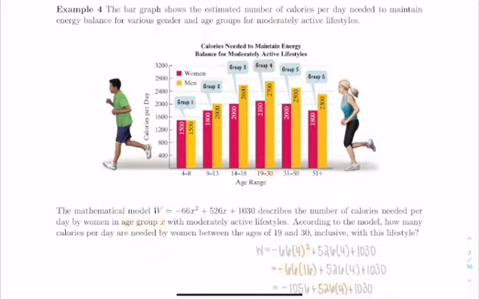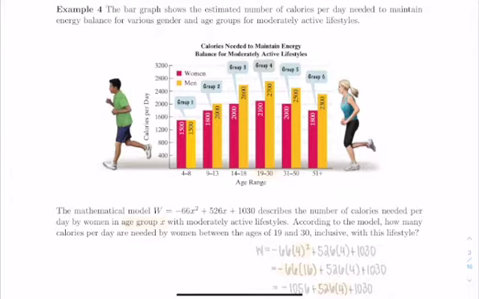According to the model, how many calories per day are needed by women between the ages of 19 and 30 inclusive with this lifestyle? So we have the model, but we need to know what X is.